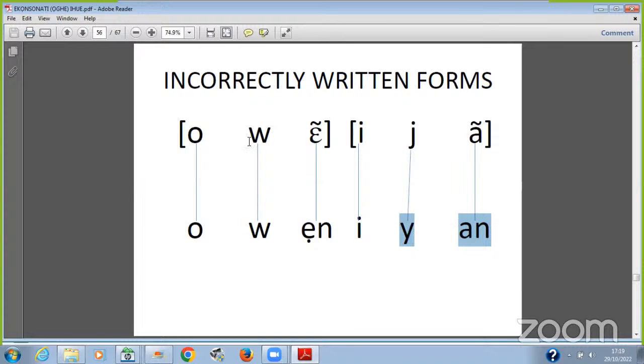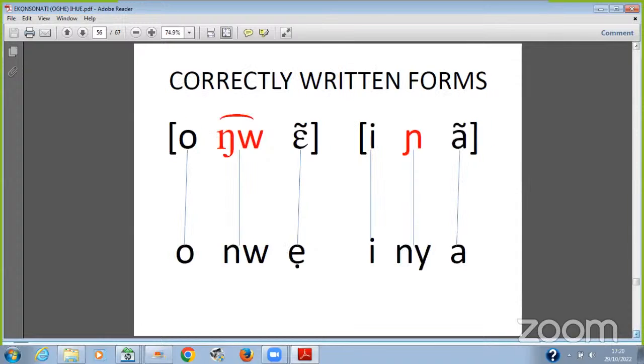You can find that Edo has P, and we use the letter P to write it. But the Yoruba does not have the P sound, and they just write the P to represent the sound P, which is already a misnomer in a strictly phonetic analysis.